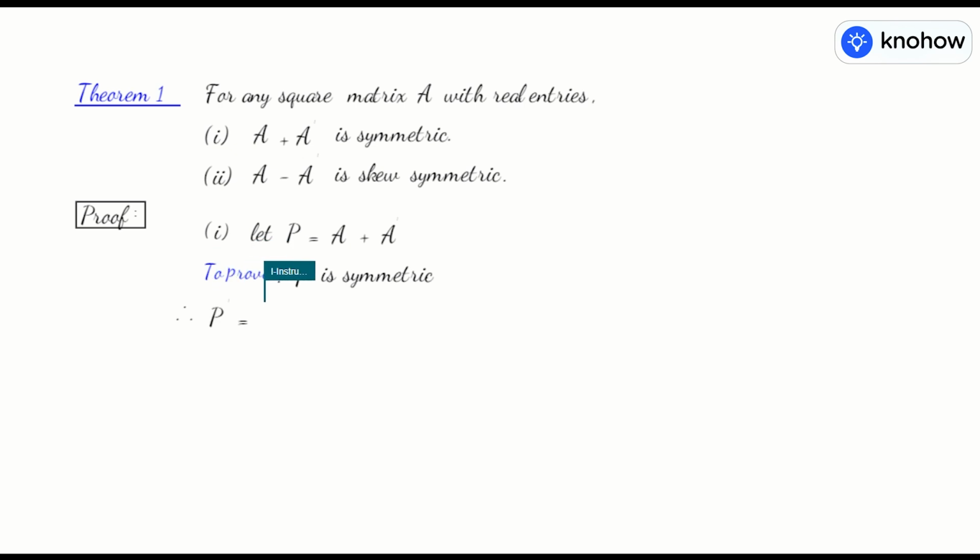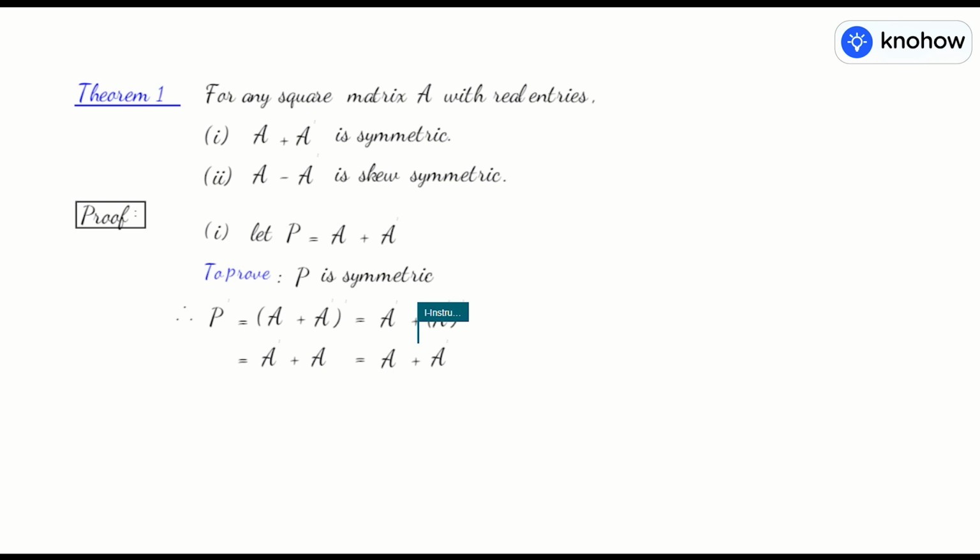So P dash will be (A plus A dash) dash. Now you know the property (A plus B) dash is A dash plus B dash. So using that it will be A dash plus A dash dash. Then further you know the property that A dash dash is the same as A. You also know that addition of matrices is commutative. So it may be written as A plus A dash.